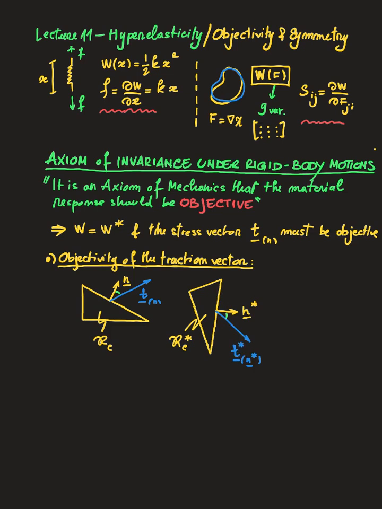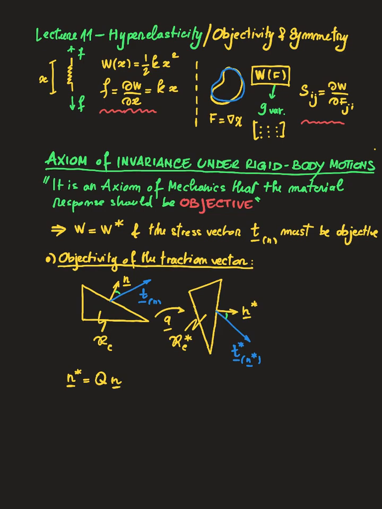Let's try to deduce the implications of this requirement in terms of the stress tensor, even though we already know what these implications are. First of all, notice that the unit normal n star will be equal to the matrix Q, which defines the rotation applied to the normal n. So Q is the gradient of the map between these two configurations.